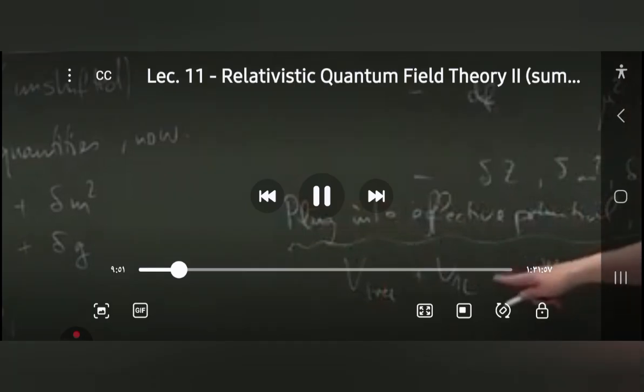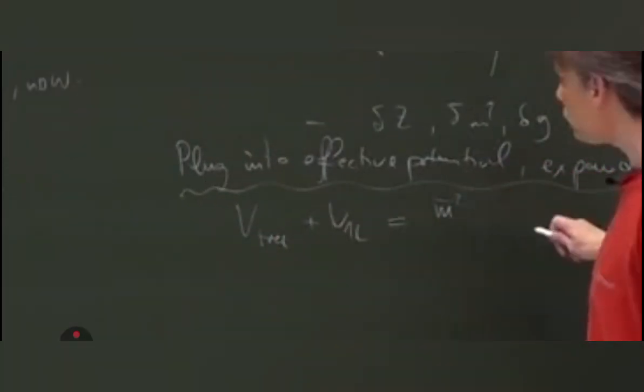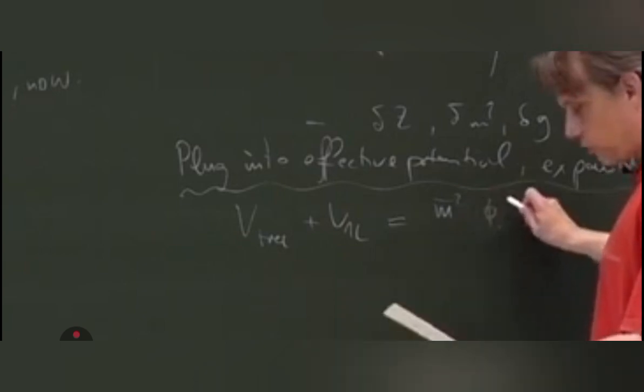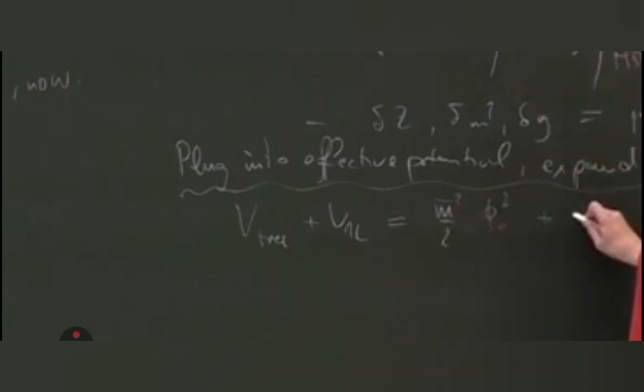And then the tree-level potential is now m bar square times phi 0 square over 2 plus g bar divided by 4 factorial times phi 0 to the 4th power.